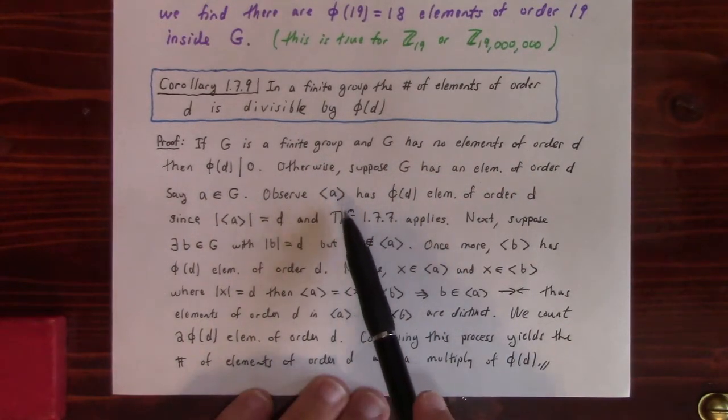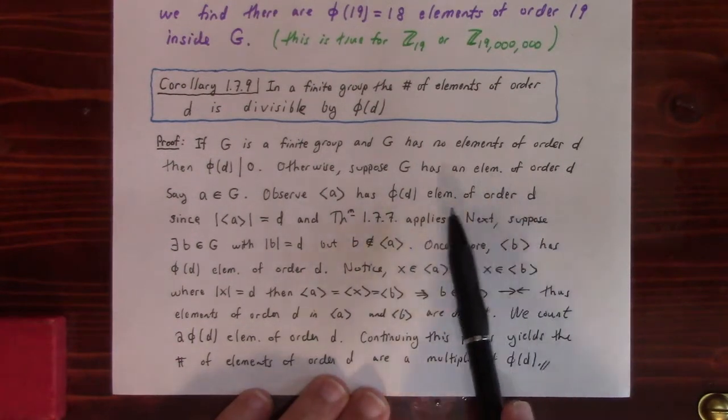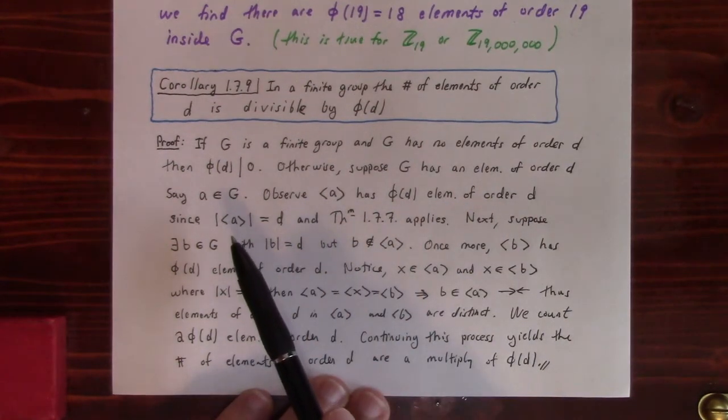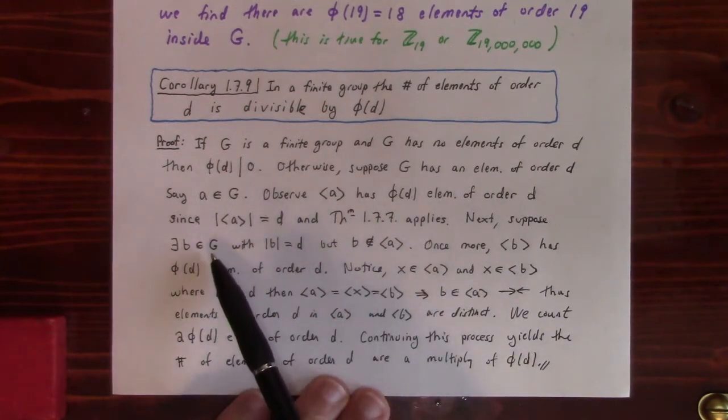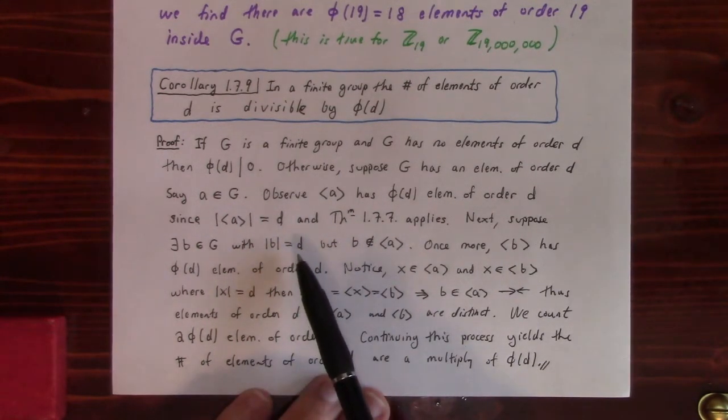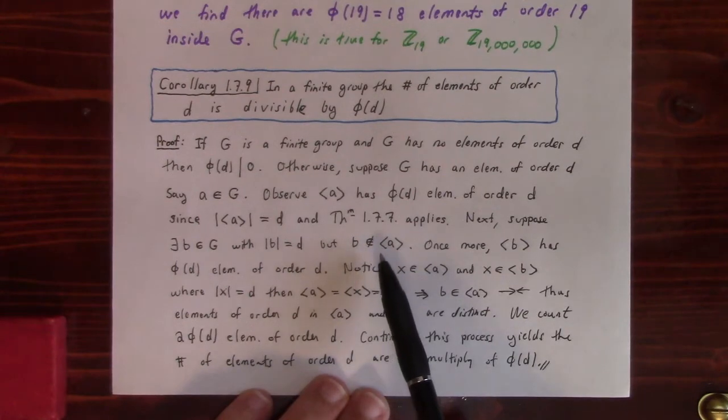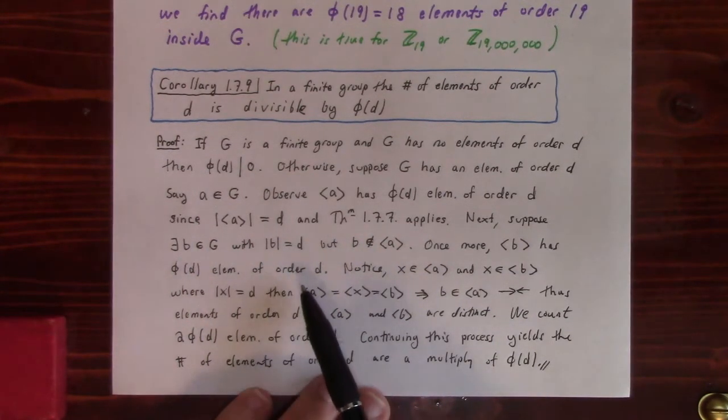Then the group generated by A has phi of D elements of order D by theorem 1.77. Next, suppose that B is an element of G, the order of B is D, but B is not in the subgroup generated by A. Once more, the subgroup generated by B has phi of D elements of order D, right?